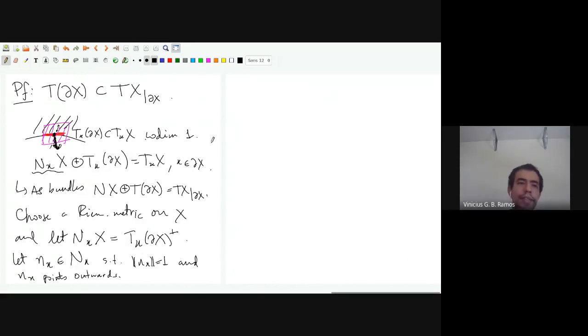We can actually say what that means more precisely. It just means that there exists a curve gamma such that gamma of 0 is x, and gamma prime of 0 is n_x.